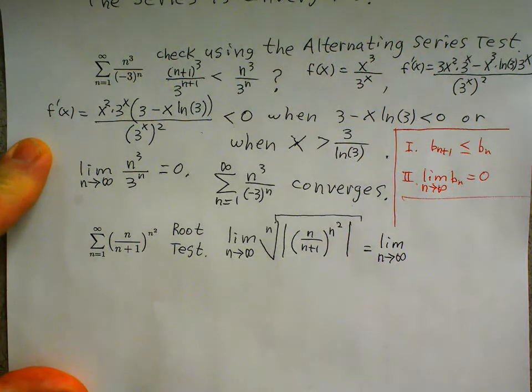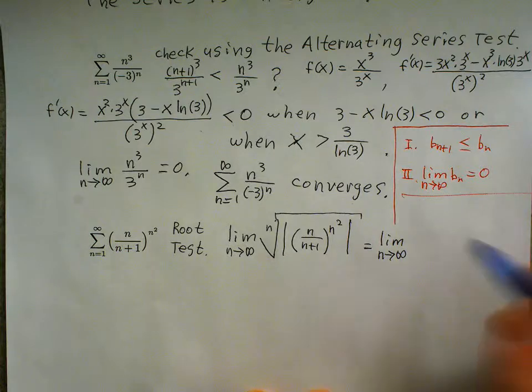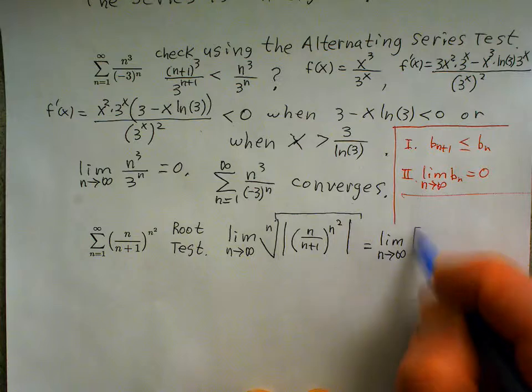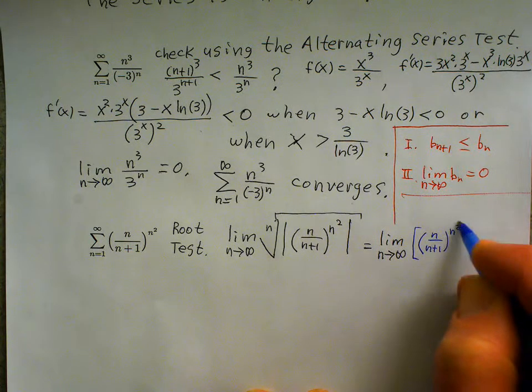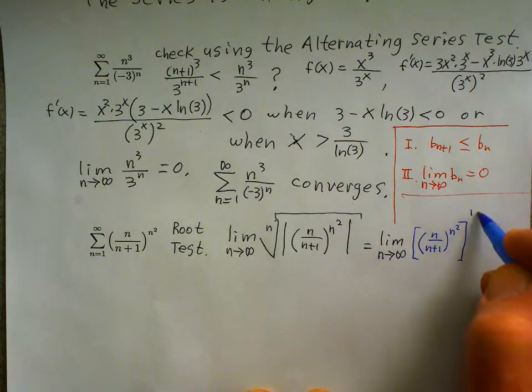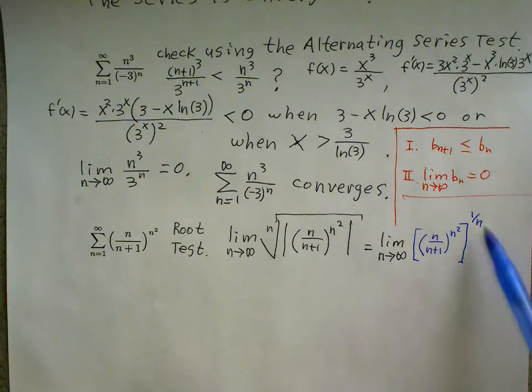Well, I could just tell you, or maybe we can do it in a couple of steps. We don't need the absolute values, so I'll just write this as n over n plus 1 to the n to the second. And when we take the nth root of that, that's equivalent to raising it to the exponent 1 over n. And then we apply one of the properties of exponents.